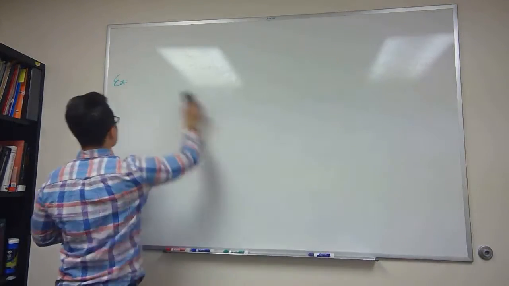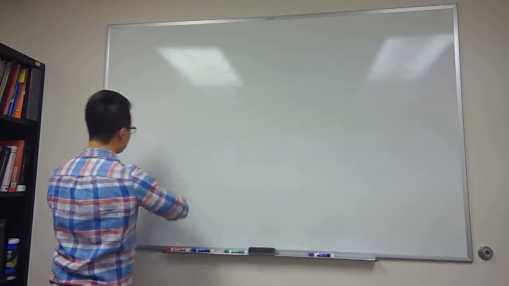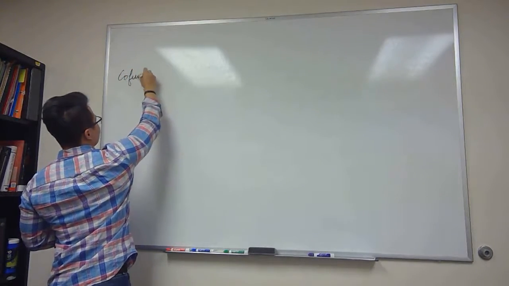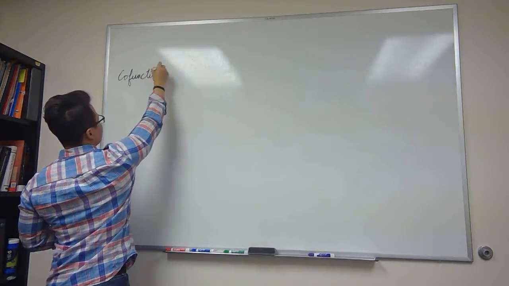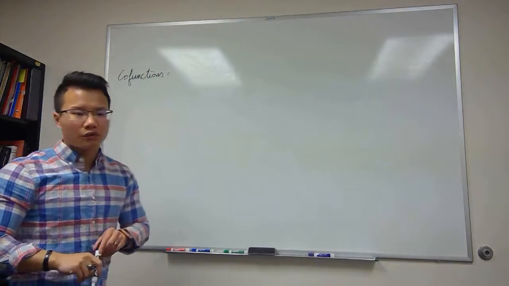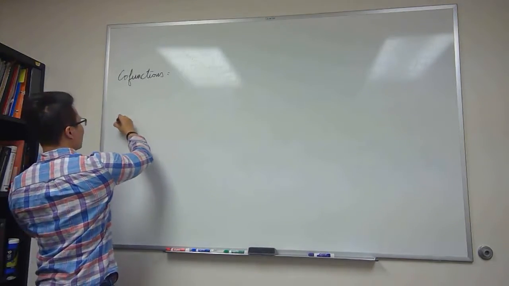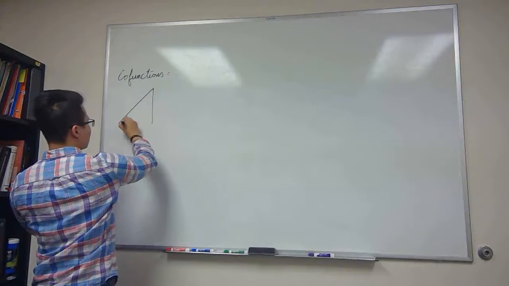So this is now an example of a cofunction. Okay, what is a cofunction? Before I write the cofunctions, I'd like to give you guys the right triangle right here.